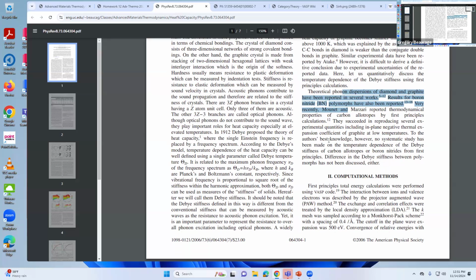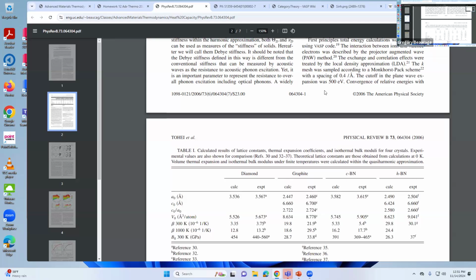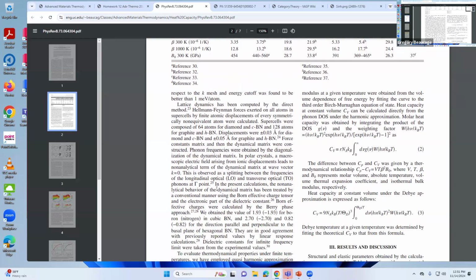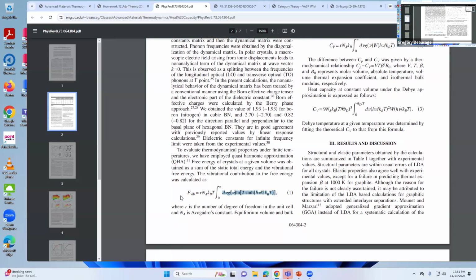Then once he has the crystal, if he did the molecular dynamics simulation, he can get the vibrational density of states from the crystal. And once he has the density of states, he can integrate it. So he integrates that, gets the free energy, takes the derivative of free energy, and gets the heat capacity.